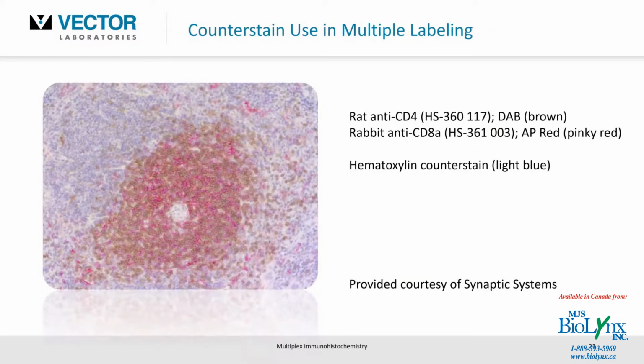What I've got here, though, is a very nice example of a double label with a hematoxylin counterstain. This was very nicely donated by our colleagues at Synaptic Systems. You've got a brown DAB highlighted here, contrasting with the pinky red alkaline phosphatase, Vector Red here.